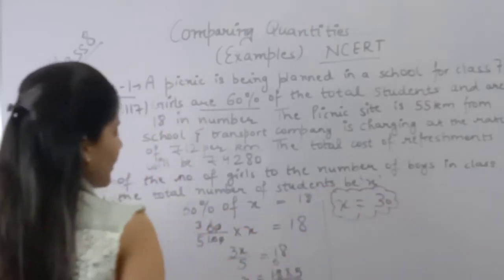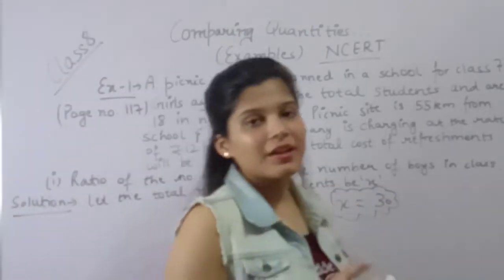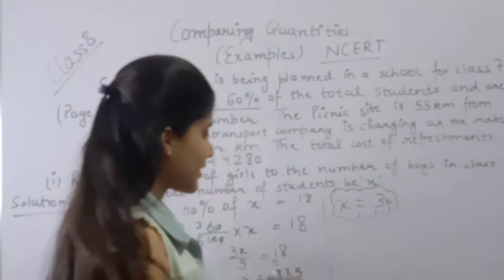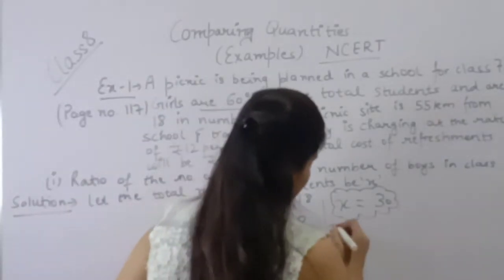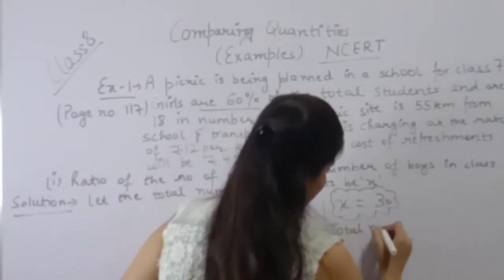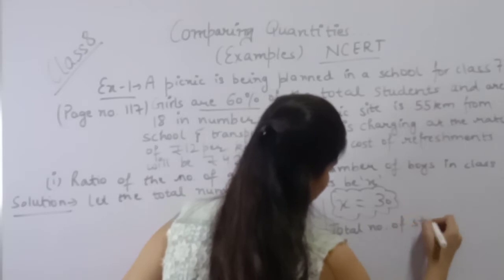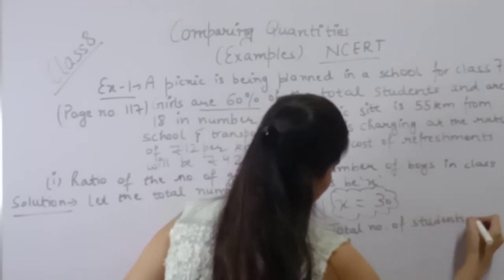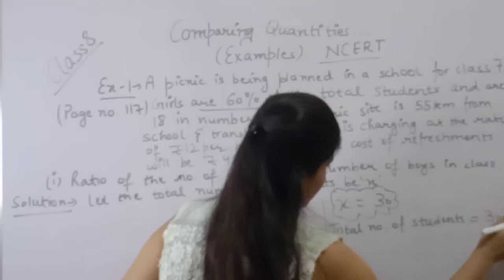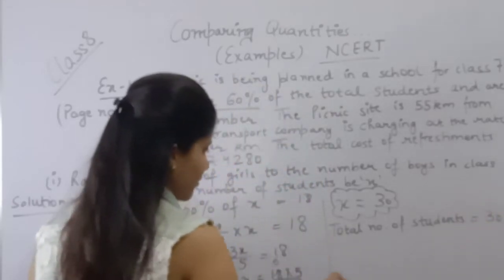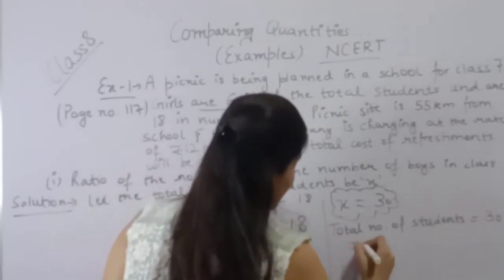Now x was the number of students. Now total number of students are 30 and girls are 18.